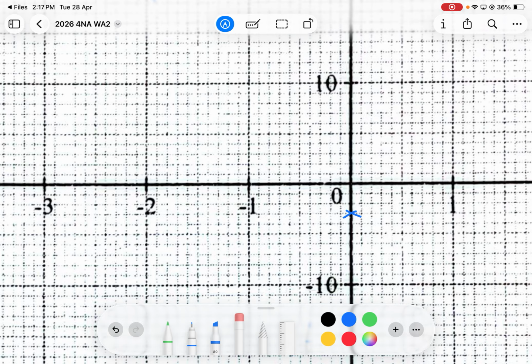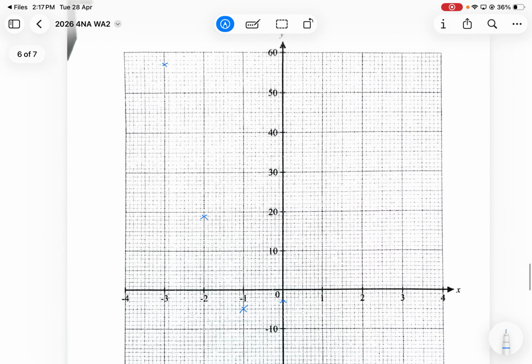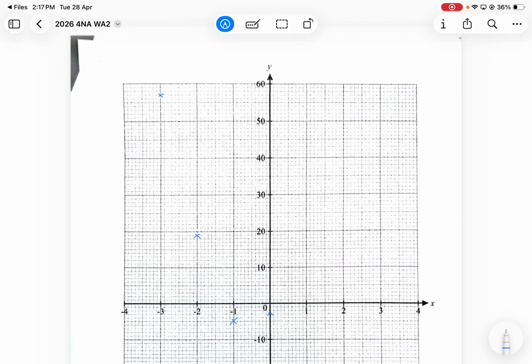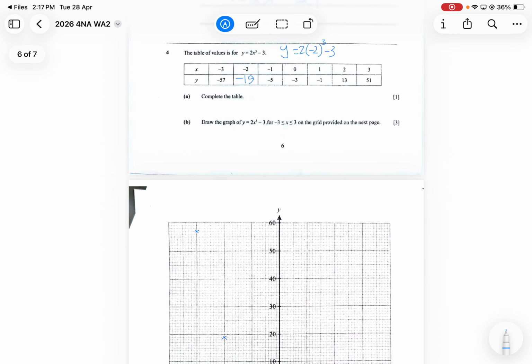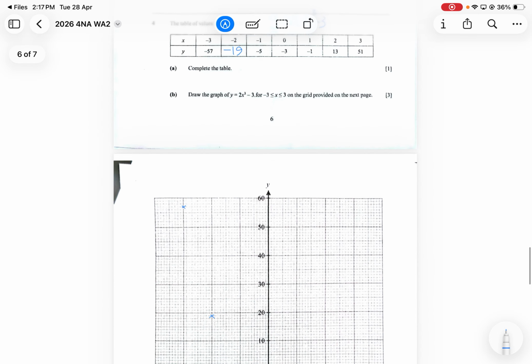Yeah. You see? Now it's like you all never bring pen to exam like that. Yeah, the other one also not correct. Negative 19. Eh?